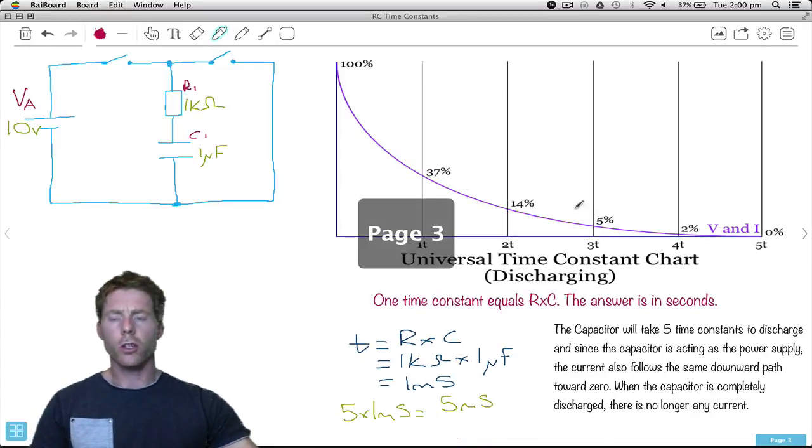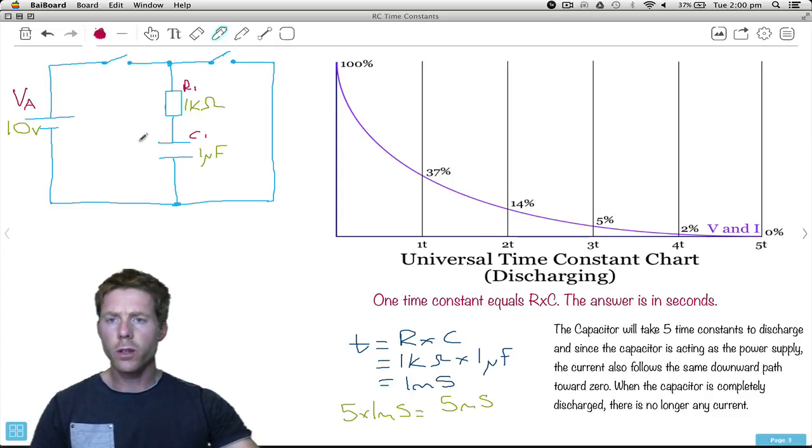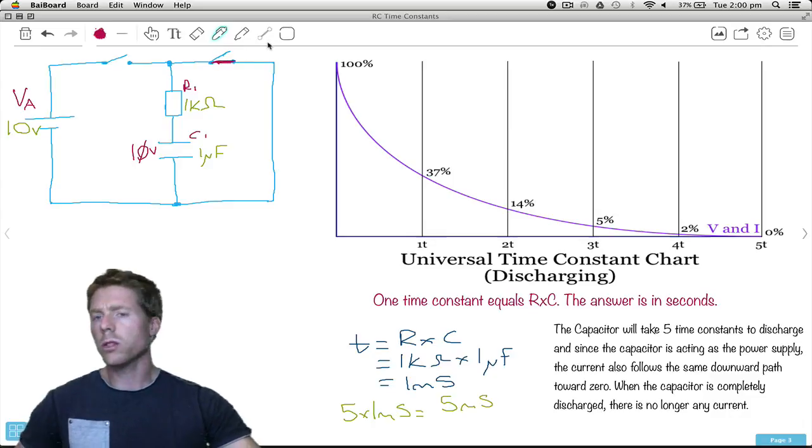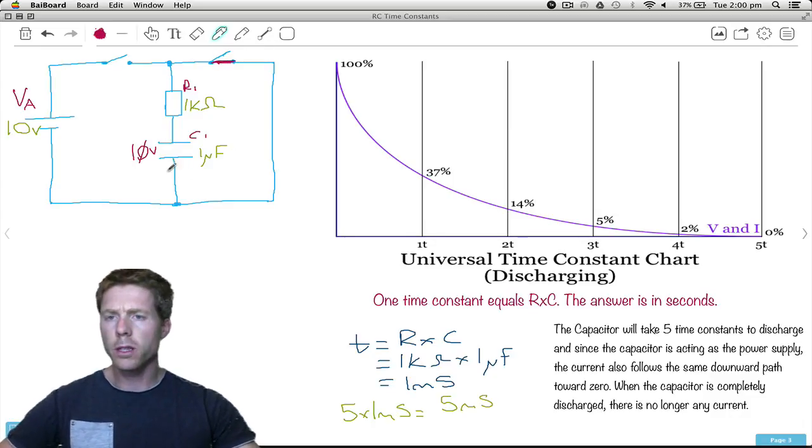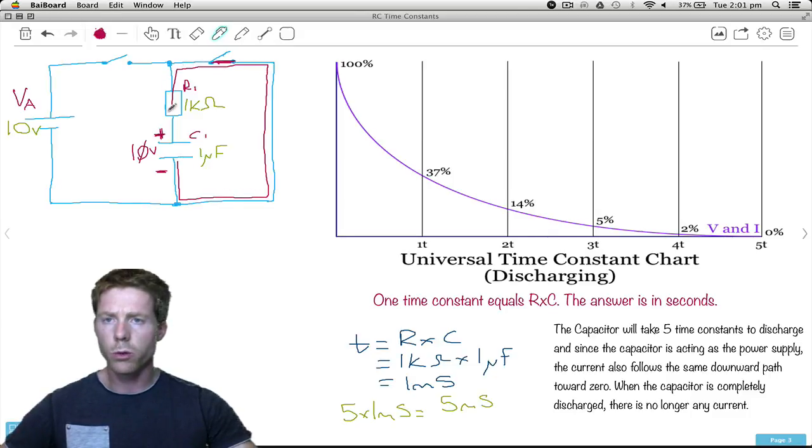Now what about discharging? If this was charged to 10 volts, and we were to leave this switch open, and now we close this switch, what's going to happen there? Well, remember when this thing charged, we had negative and positive showing up like that. So once we close this switch, the electrons are now going to flow through here, up through that closed switch, through the 1K resistor, down here to the positive.